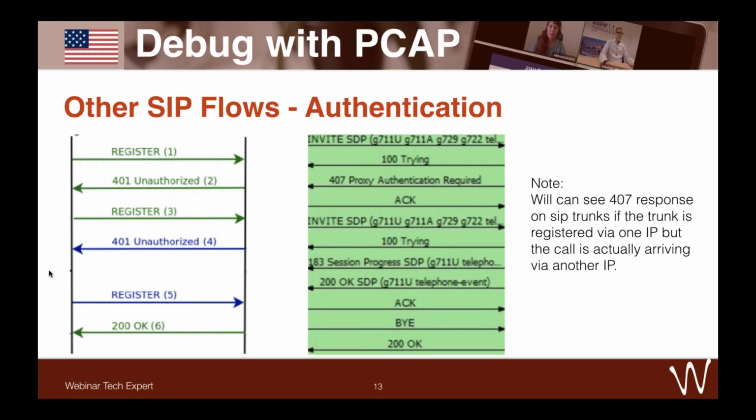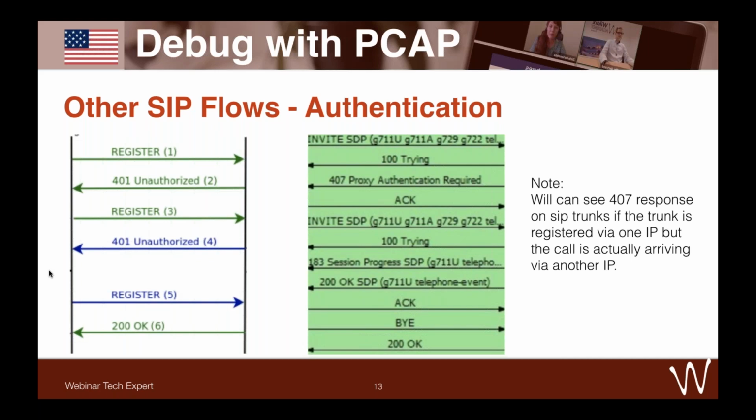But in this case, what I see is a 407, which says I'm unauthorized. It sent me some security seed information. I send back an invite that includes that information, or a password essentially, that's created on the fly. And then the call proceeds as normal from there.